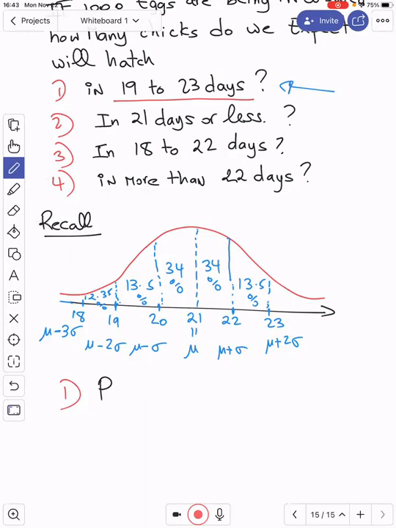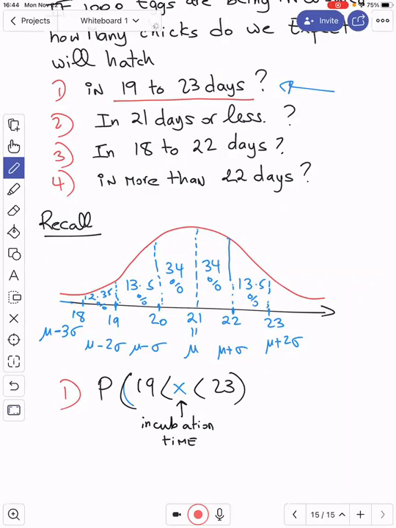So what's the probability that x is between 19 and 23? Again, x is the incubation time. Because the variable x is continuous, this probability is actually the area of the region between 19 and 23.